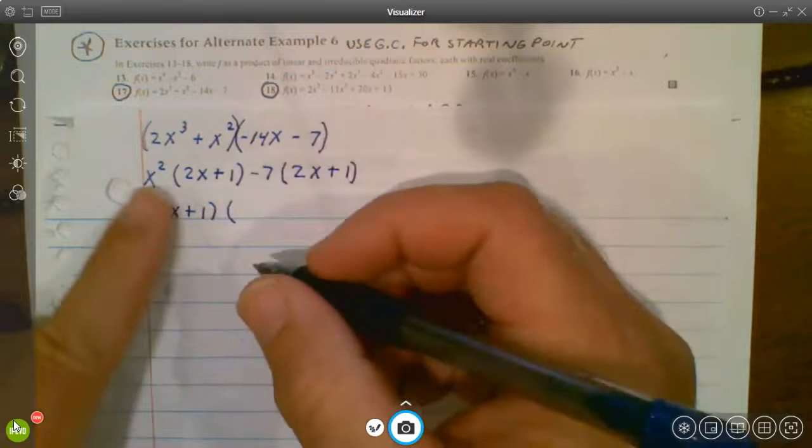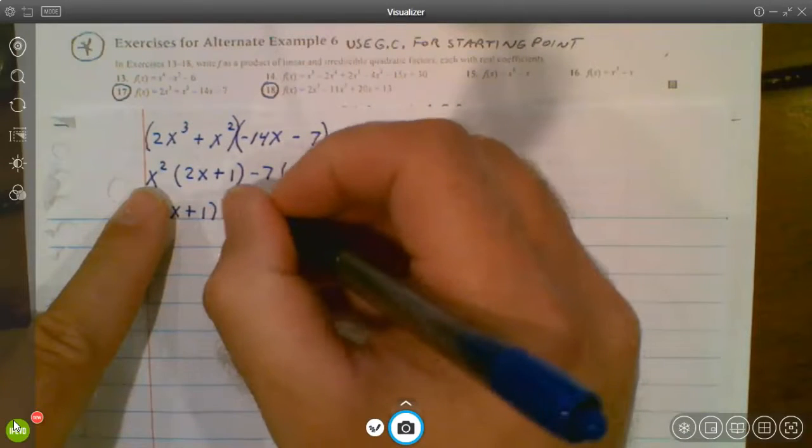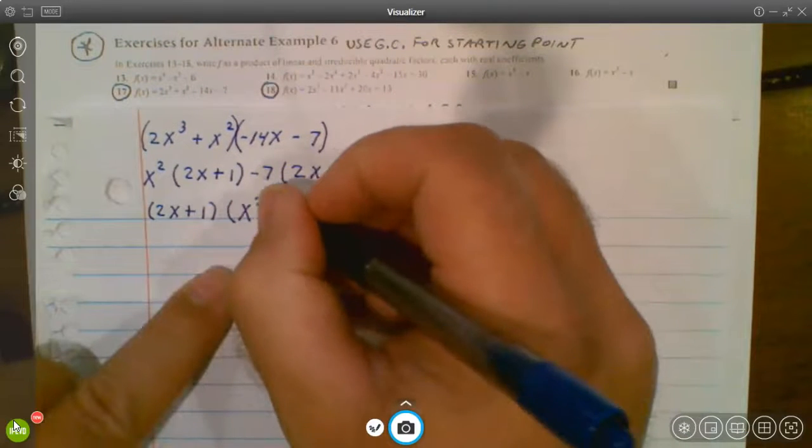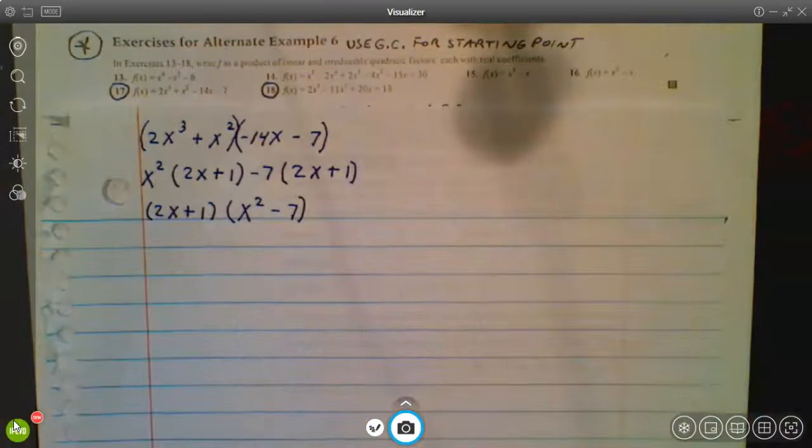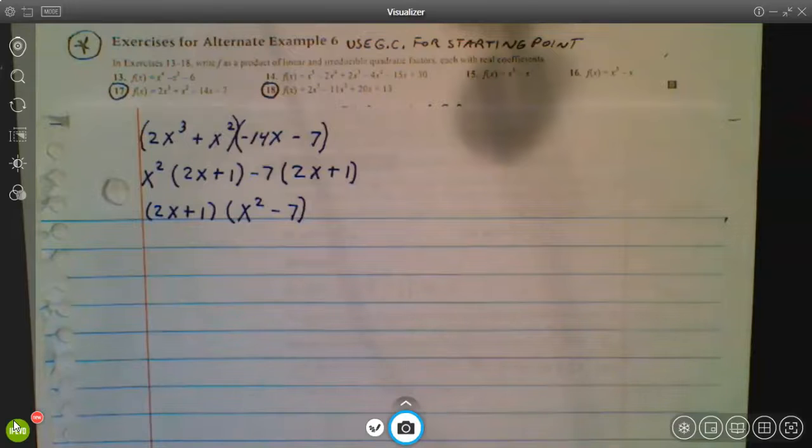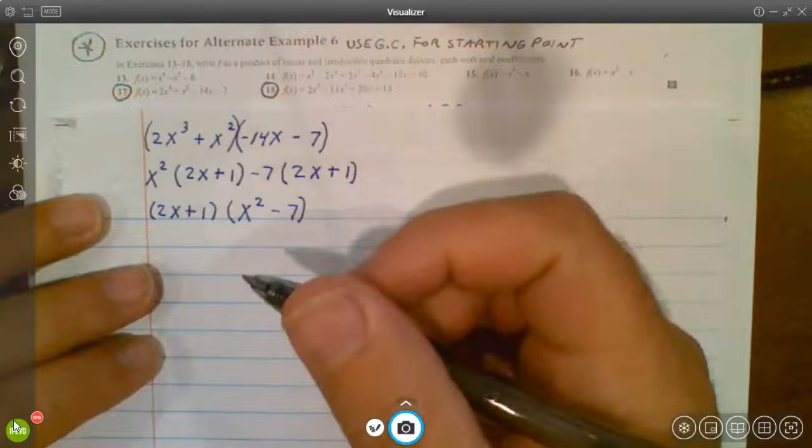I'm pulling that out of each group. What would that leave you with? It would leave you with x squared minus 7. And so I was able to break this down and factor it without the calculator, without synthetic division, long division, all those other tools. So if you recognize that something is factorable, go for it. You could still use the other tools, but I think this can get you there quicker if we do this right.